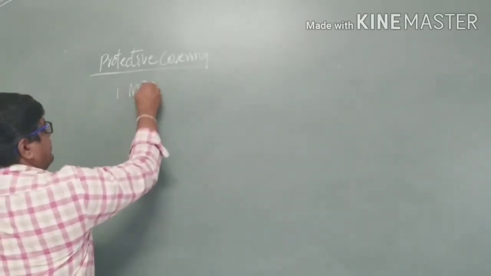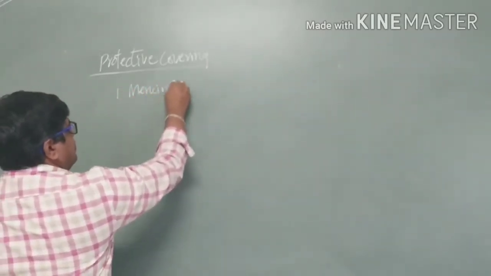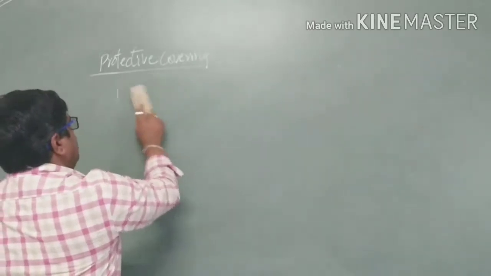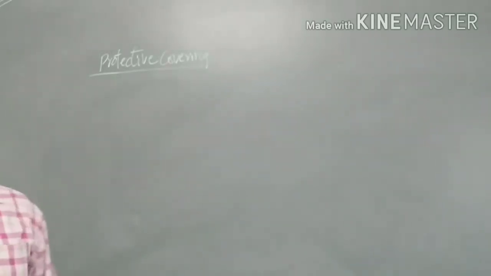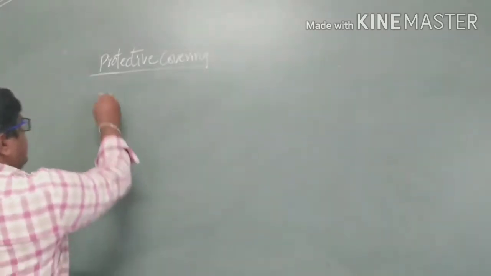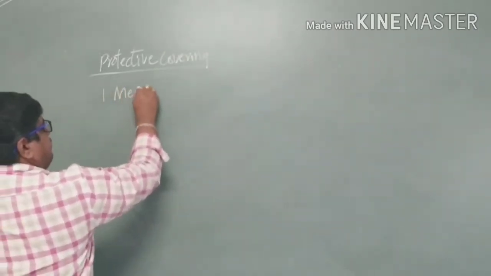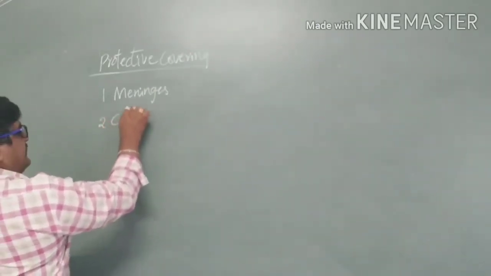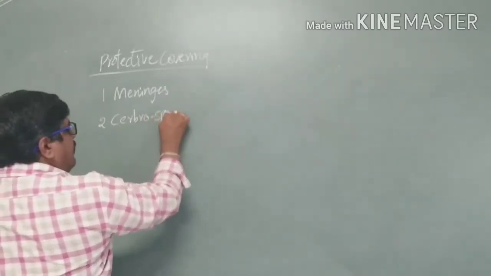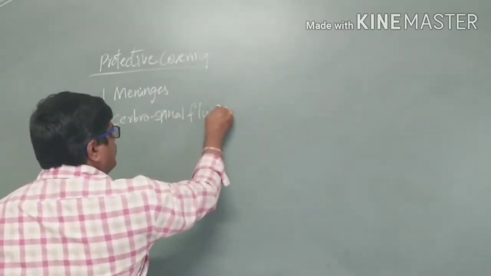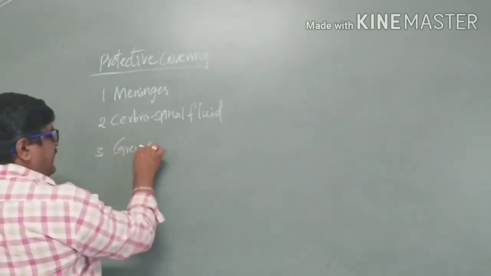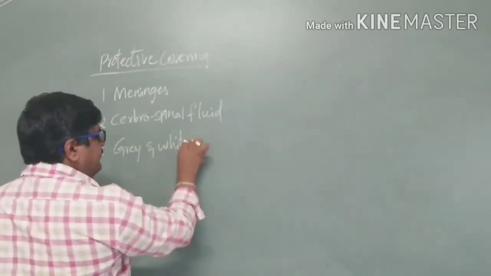The first one is the meninges, the second one is the cerebrospinal fluid, and the third one is the gray and the white matter.